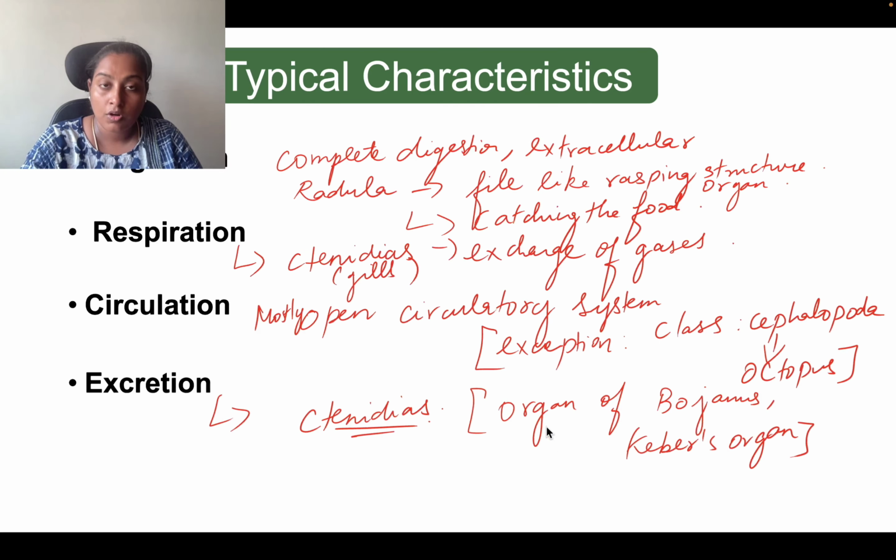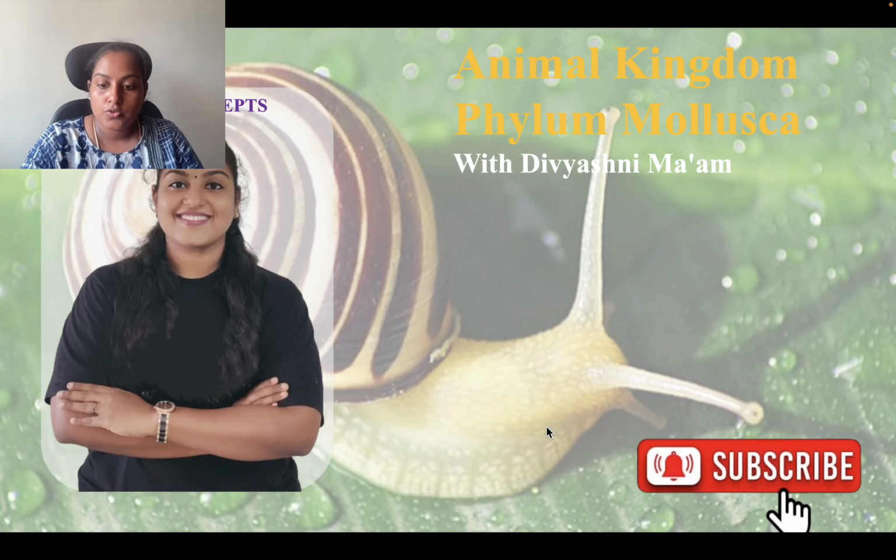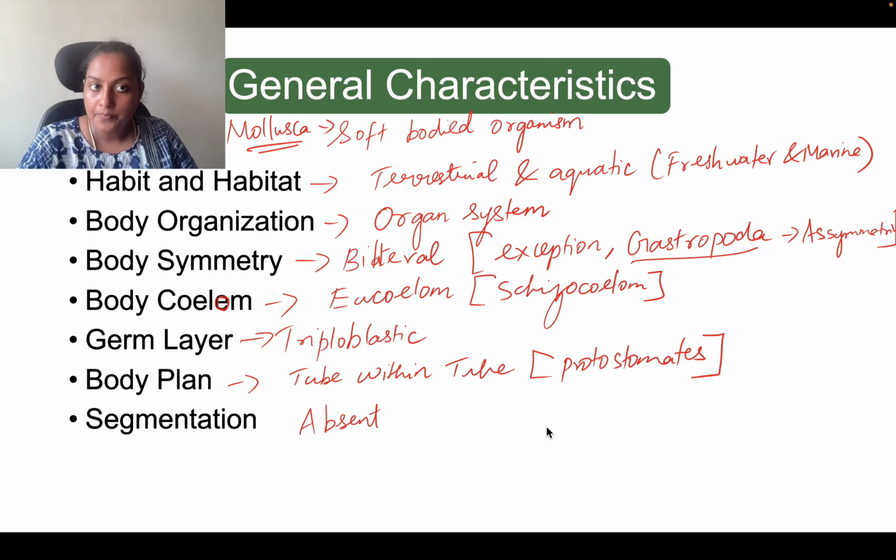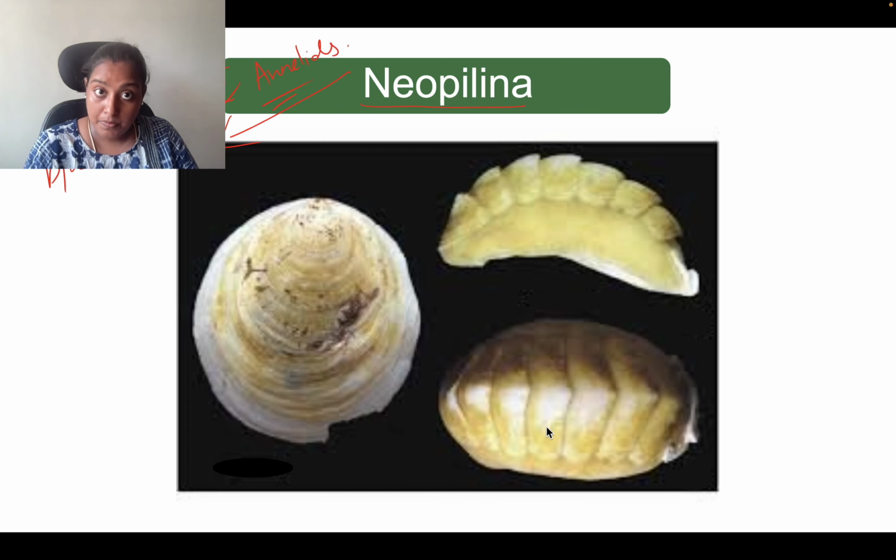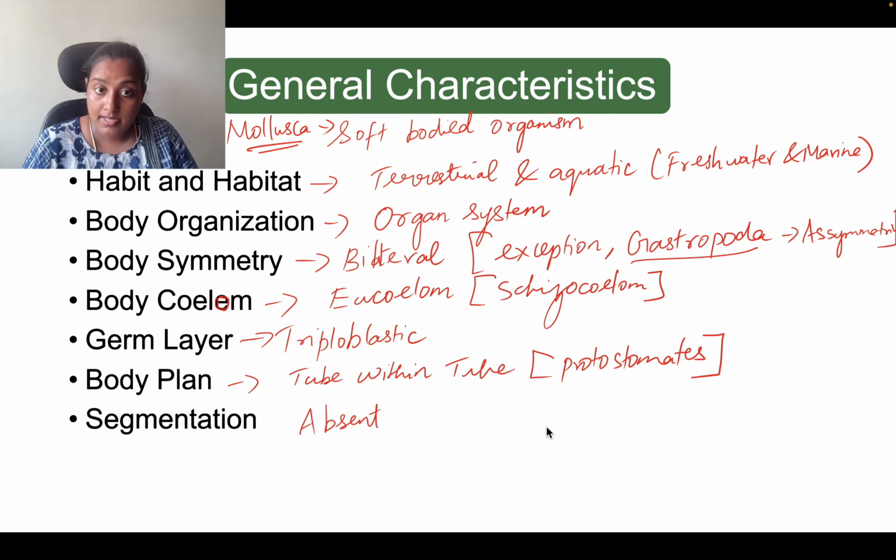That's all. So a quick overview. Today what we saw is Phylum Mollusca: the habitat is terrestrial or aquatic, which can be freshwater and marine, and they can be solitary, free living. Body organization: organ system level, bilaterally symmetrical, coelomate, triploblastic, tube within tube, and segmentation is absent, but there is an exception, which is Neopilina.